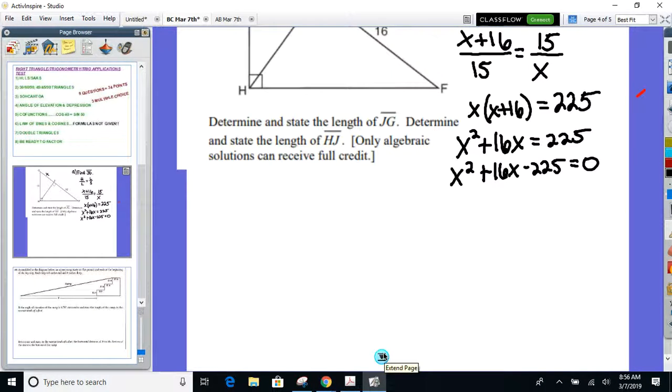I'll give you formula sheets tomorrow. That's fine. I'll give you formula sheets if you want to use quadratic formula to solve it. We don't have time to bust those out right now, so try to find two numbers that multiply to 225 but are 16 apart. Play around in your calculator. Don't let somebody else do it for you. You do it now.